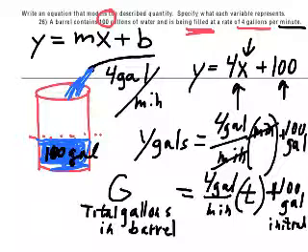So we've described the whole process. And with this, we could stick in any amount of time. We could put in 10 minutes, 100 minutes, 2 hours or whatever, and see how much. Actually, if we knew how big the barrel was, we'd know when it would overflow. We would just say, okay, after y equals a certain amount, it's going to start overflowing.